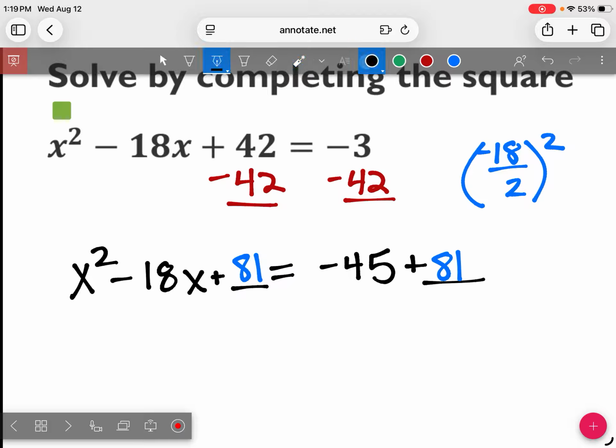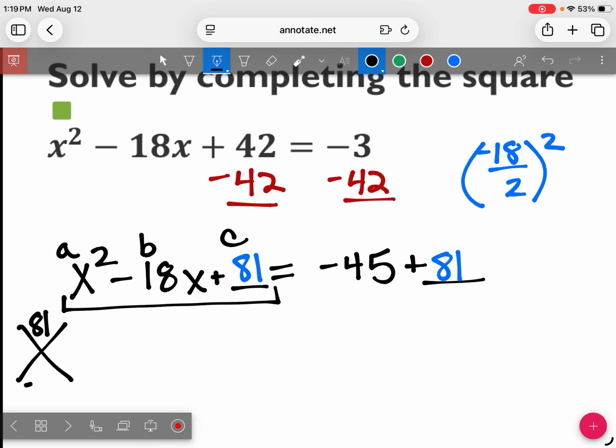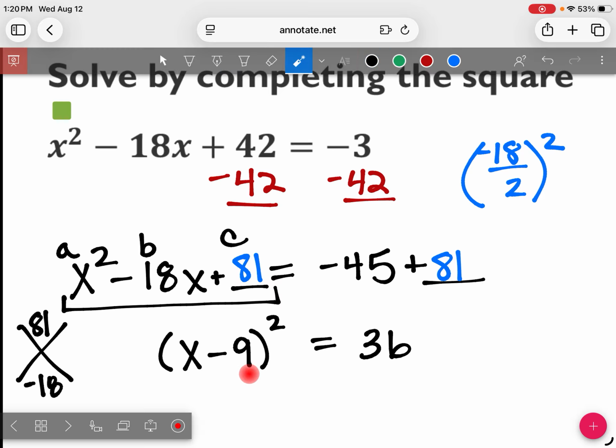Okay, so now we're ready to factor this side down. So this is A, B, C. We need two numbers that multiply to be 81 and add to -18. Has anyone recognized the pattern yet? If you look back at the other two examples, what is this number compared to this? It's a pattern.